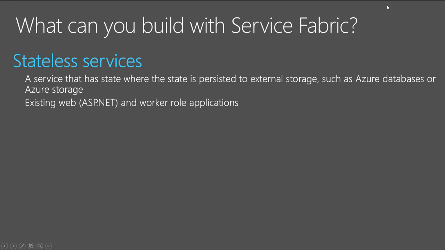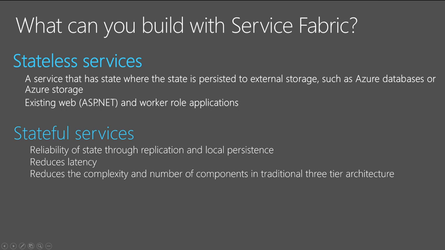But the important thing to note is just that we make this distinction because in Service Fabric we introduce the concept of stateful services. And we mean truly stateful services where the service itself actually maintains that important data that you want to keep. And that data is then co-located with the code that's using it.